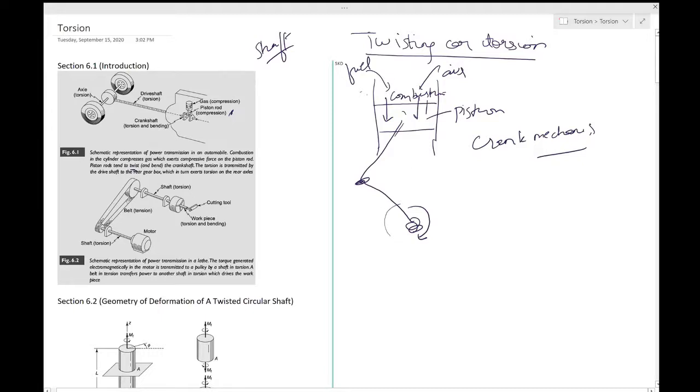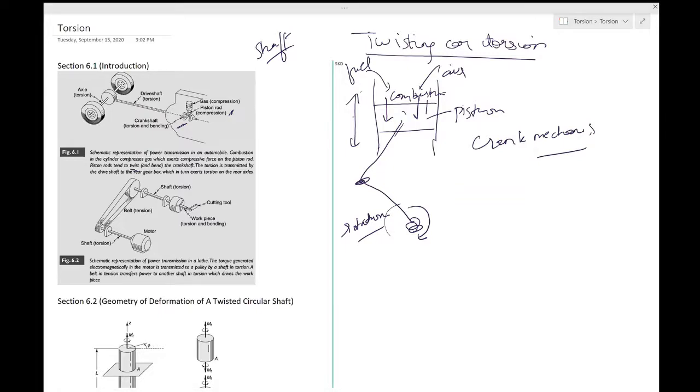So the linear motion of this piston is converted to a rotational motion over here. This rotating part is connected over here. If you look, there is a crankshaft which rotates like this.